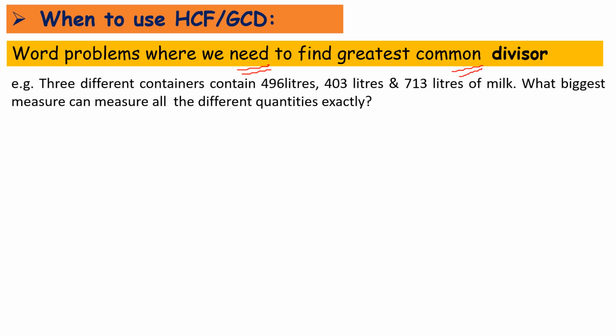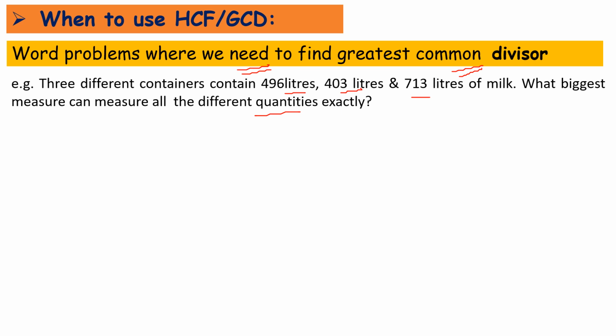Let's consider an example. Here we have 3 different containers containing 496 liters, 403 liters and 713 liters of milk. What is the biggest measure that can measure all the different quantities exactly?